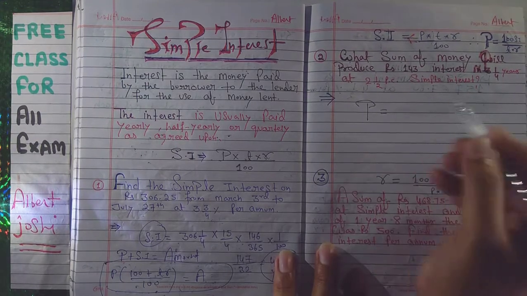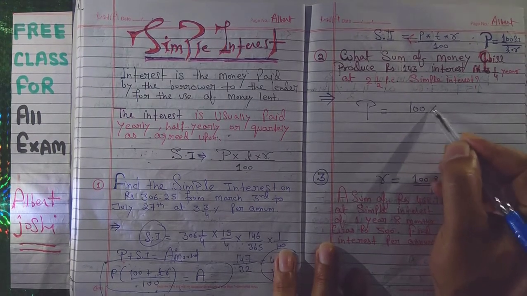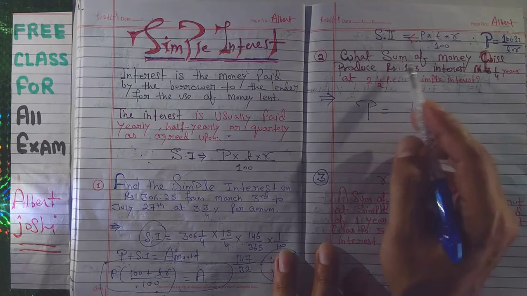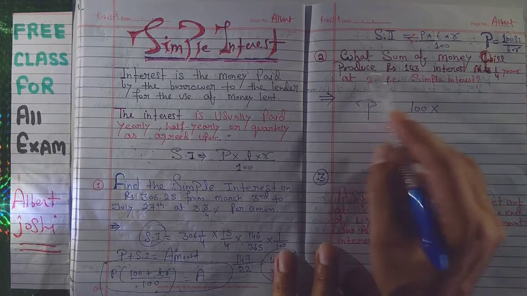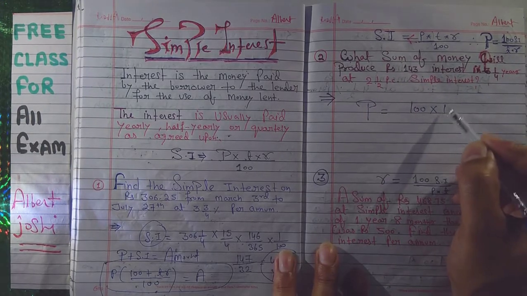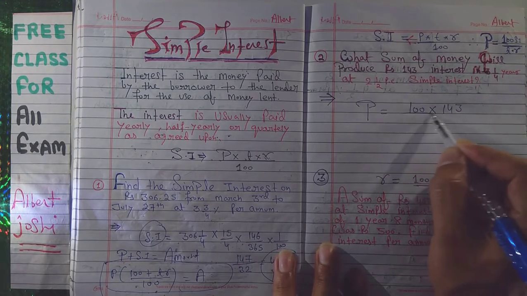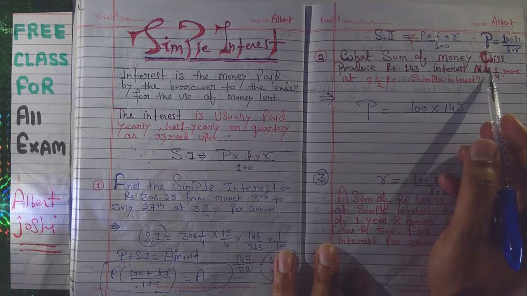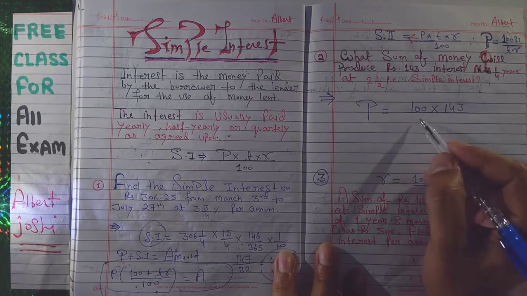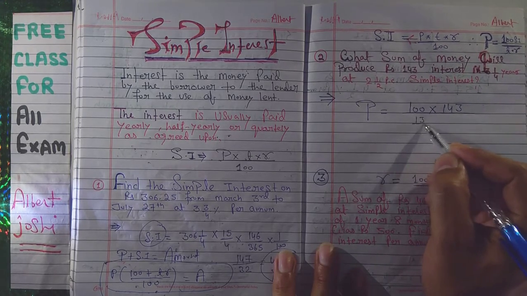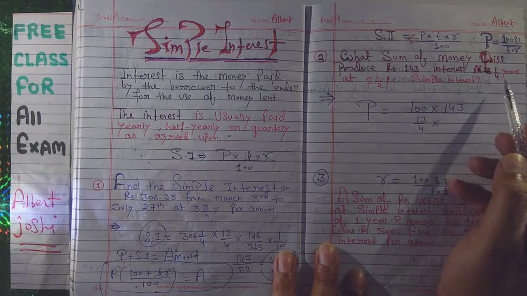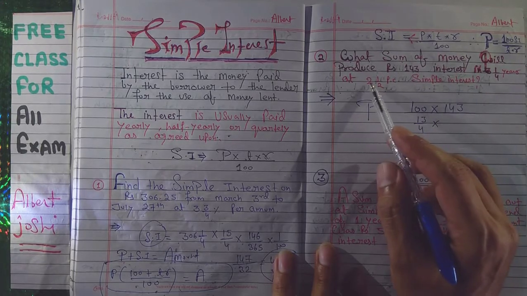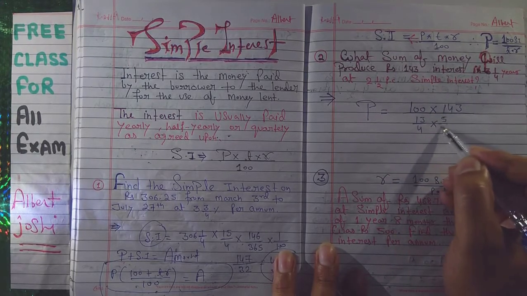Your P is equal to 100 into simple interest, 143, upon T, which is 13 upon 4, into R, which is 5 upon 2.